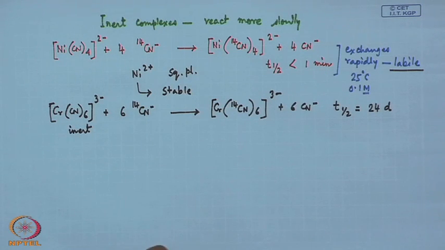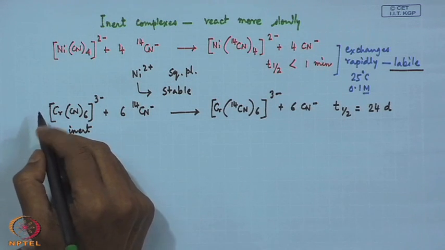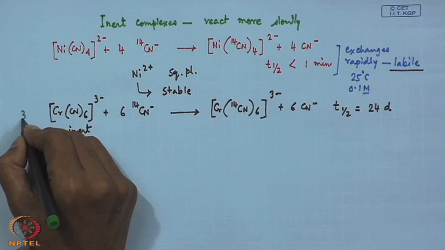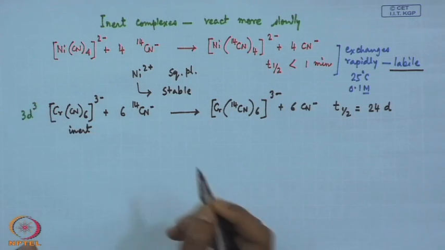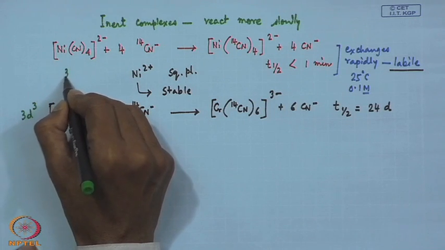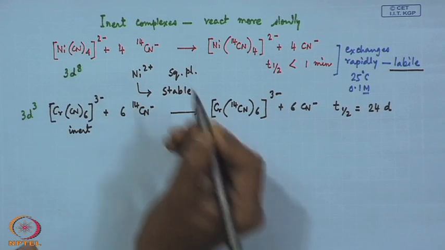inert, and we have seen that for a particular type of electronic configuration, which is 3d3, here it is 3d8.